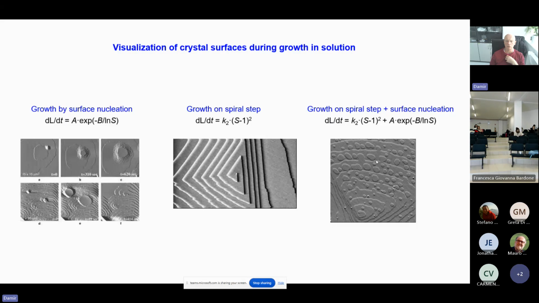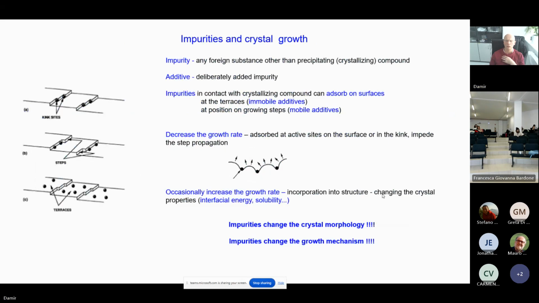When the supersaturation is high, you can see the spiral growth is accompanied by surface nucleation. Actually, in this system, the overall growth is the sum of growth on spiral step and growth by surface nucleation.